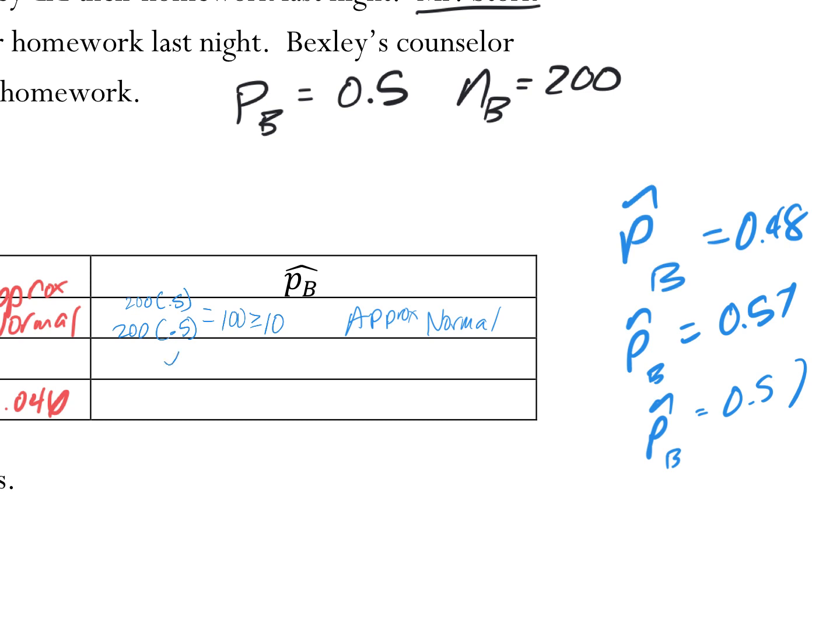What about the mean of those P hats for Bexley? 0.5. And the standard deviation would be the square root of 0.5 times 0.5 over 200.